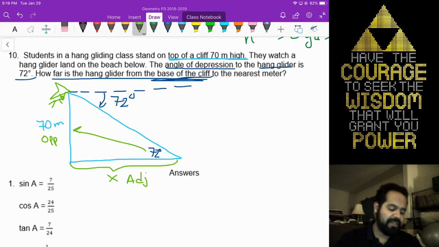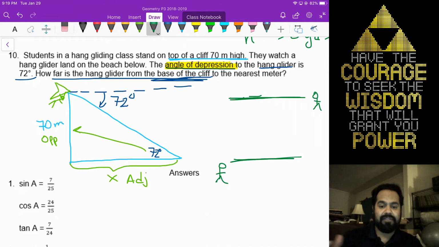How do we know where to put the 72? Well, we're looking for either the phrase angle of depression or the phrase angle of elevation. Depression, if you remember from the notes, was where we said, hey, if you draw the horizontal lines, where we saw one person in one spot and another person in another spot, they both look straight out.